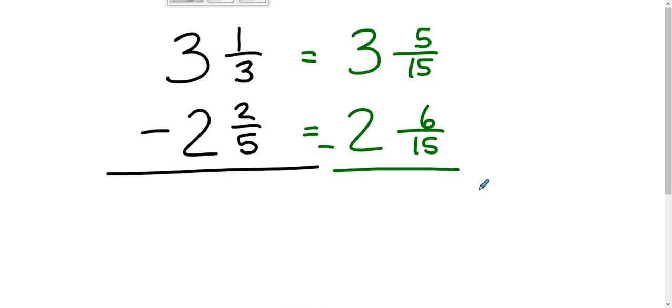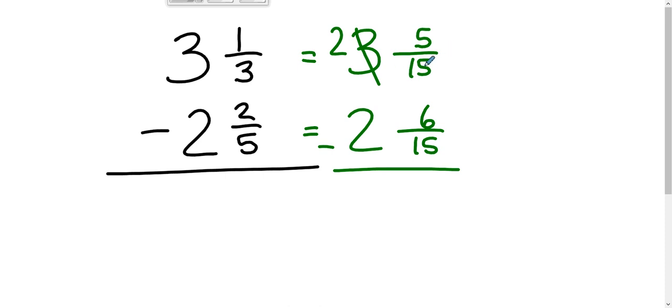And then, well, I get a little nervous because I can't take 6/15 from 5/15. Can't do that. Well, what did we do when we were subtracting whole numbers and we couldn't subtract this from that? We looked over here and tried to take something away and bring it over. Well, what if we tried to bring 1 away? If we took that 1 away and we brought it over here, that 1 would be 15/15.